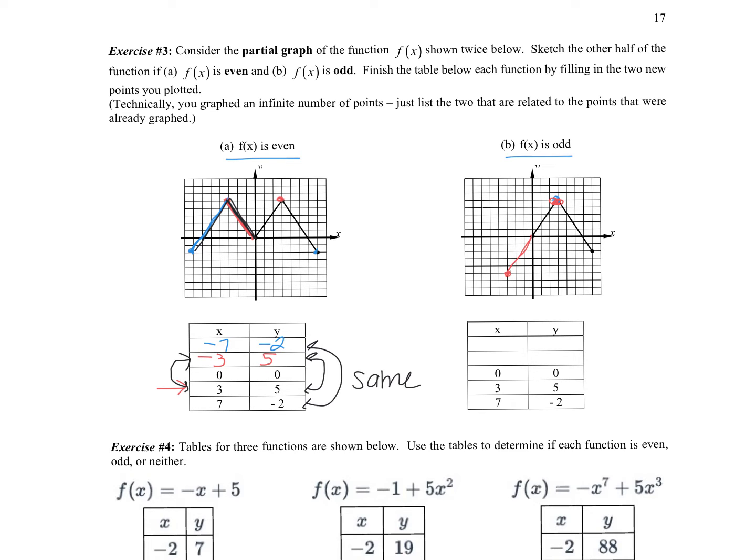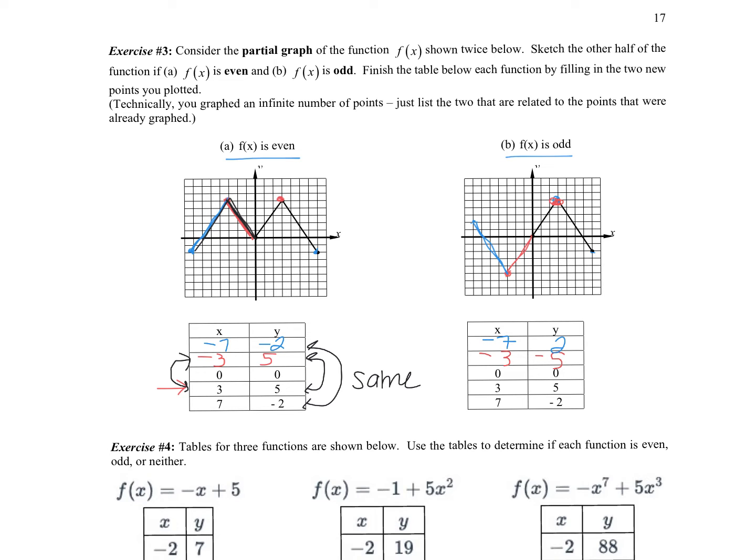And then this point (7, -2) would go to (-7, 2). Okay, so we can see that graph, if we rotated it 180 about the origin, would be symmetric. So that's our odd function. Filling in those points, the red one we said was (-3, -5), and the blue one we said was (-7, 2).